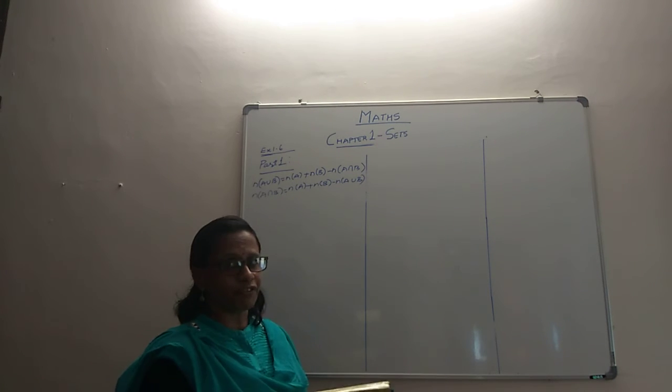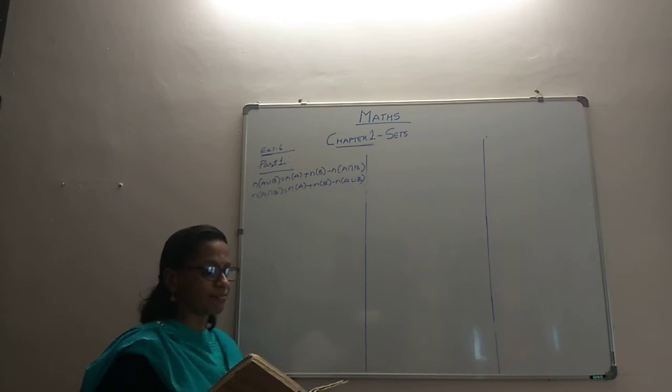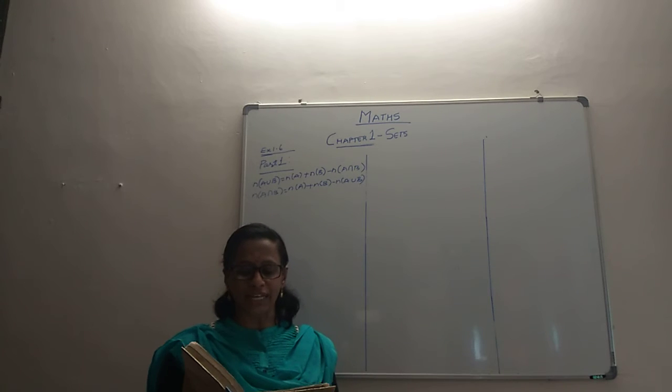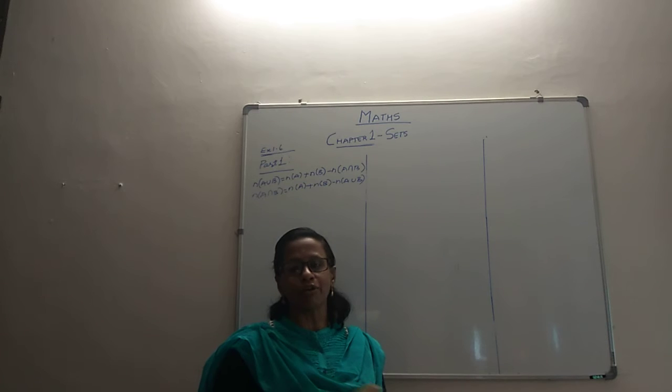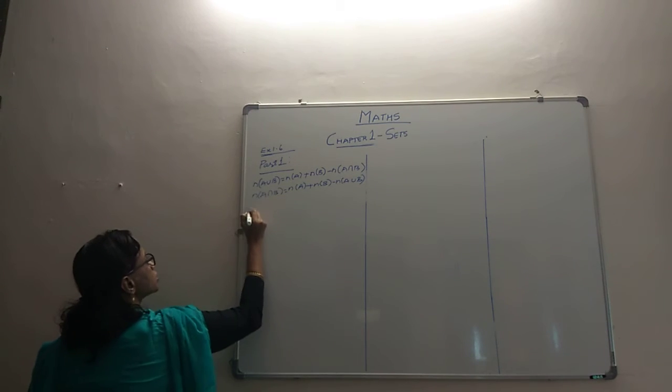Now let's take the very first problem in the exercise. It says that if x and y are two sets such that n of x is 17, n of y is 23 and n of x union y is 38, then find n of x intersection y. Direct application of what this formula says.